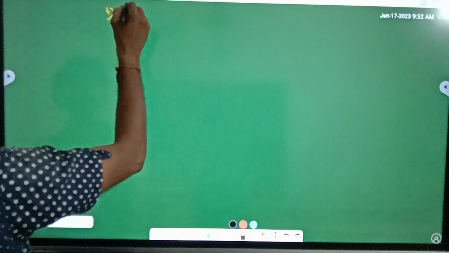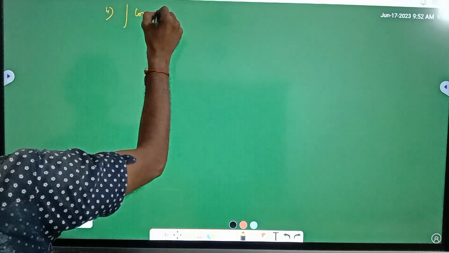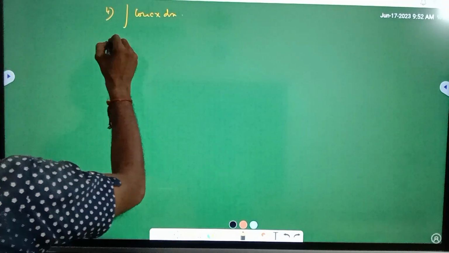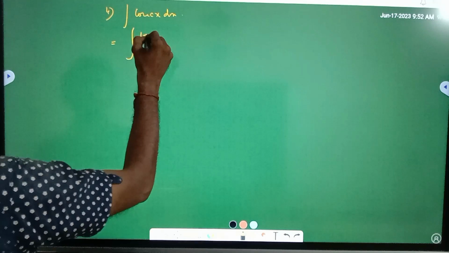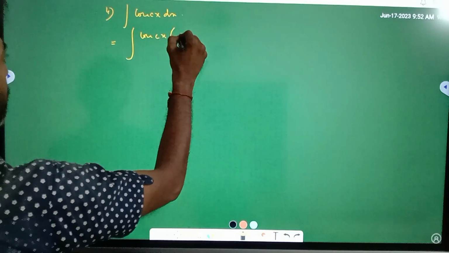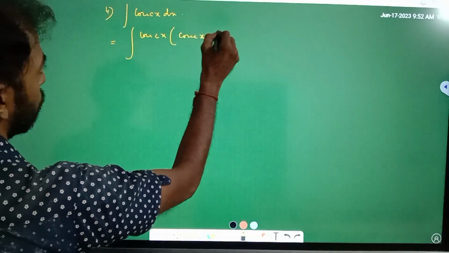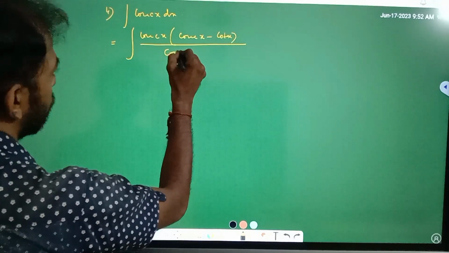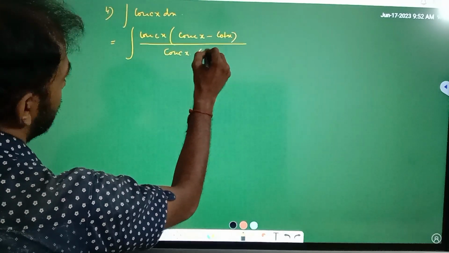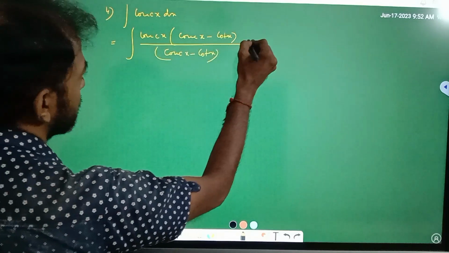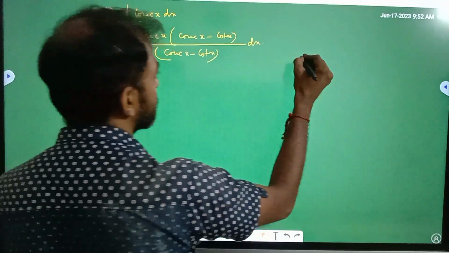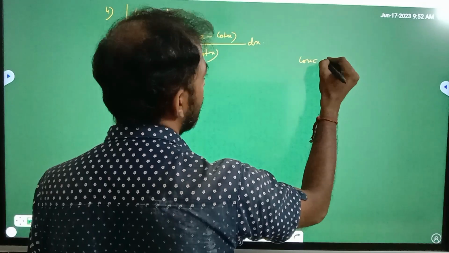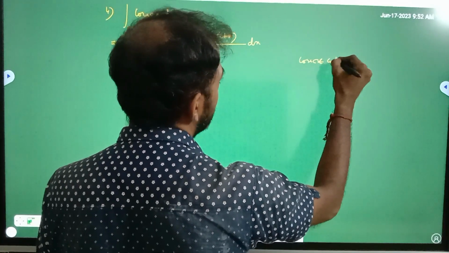The fourth formula is integration of cosec x dx. The same procedure, exactly the same procedure. We need to multiply it by cosec x minus cot x, total by cosec x minus cot x, and after multiplying, we need to consider cosec x minus cot x as t.